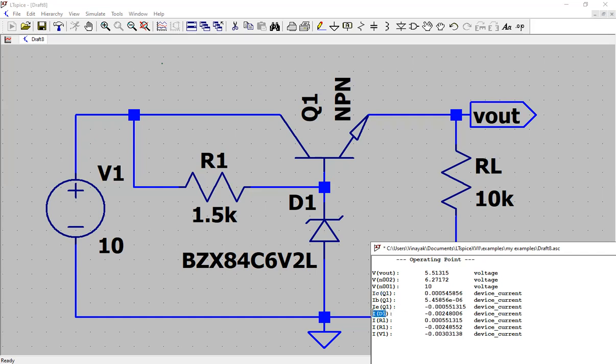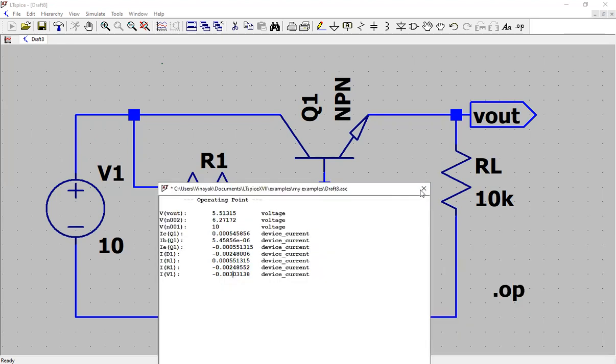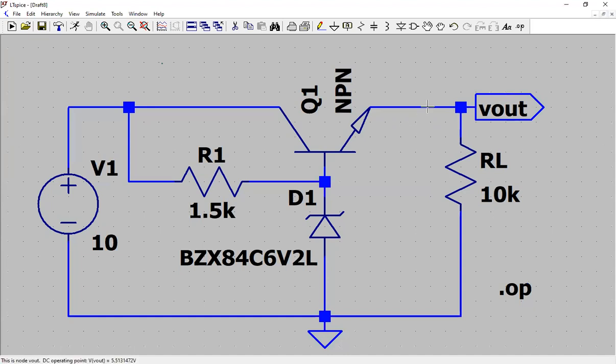Then you have ID1, the current flowing through the diode, which is about 2.4 milliampere right here. The current flowing through R1 is 5.5 milliampere, and the current drawn from the supply is about 3.031 milliampere. So you see all these voltages can be computed. If I right click this net, I can choose the option highlight net, and it highlights.